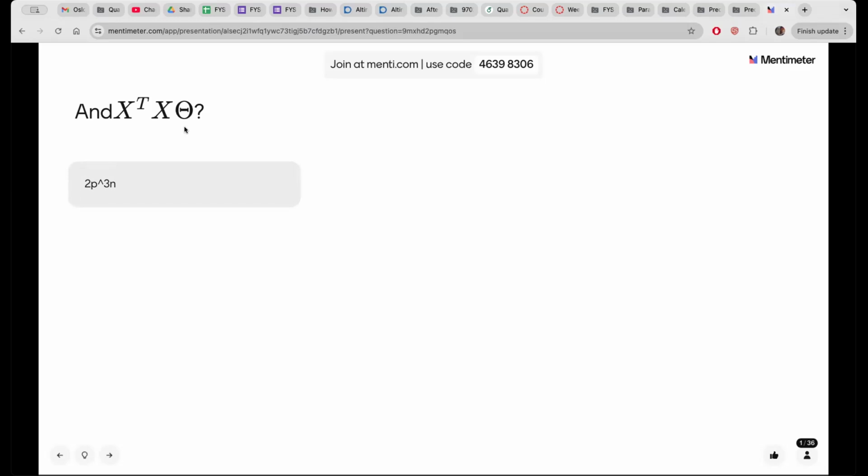This is the number of floating point operations which we would have to do if we don't do any thinking. And you see that X transpose times X, everything which is independent of theta, and pre-calculating it is fundamental.